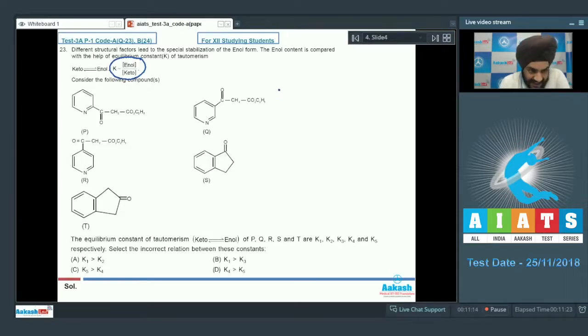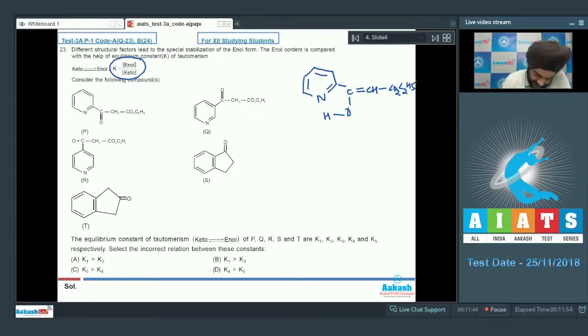So if we look at the tautomer of the structure given in option P, we can have the enol form, as this.